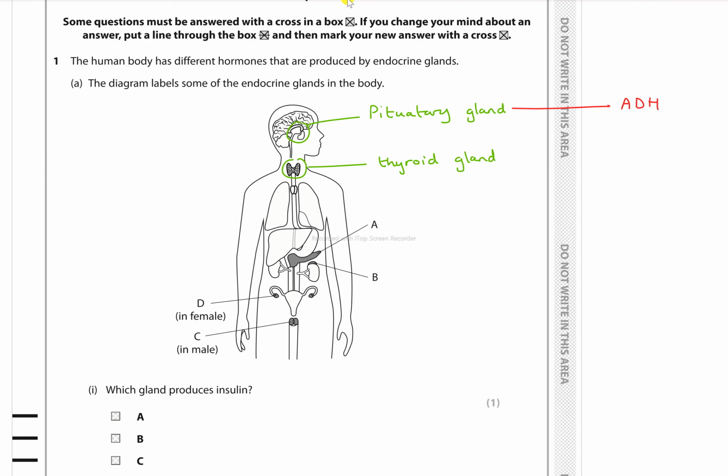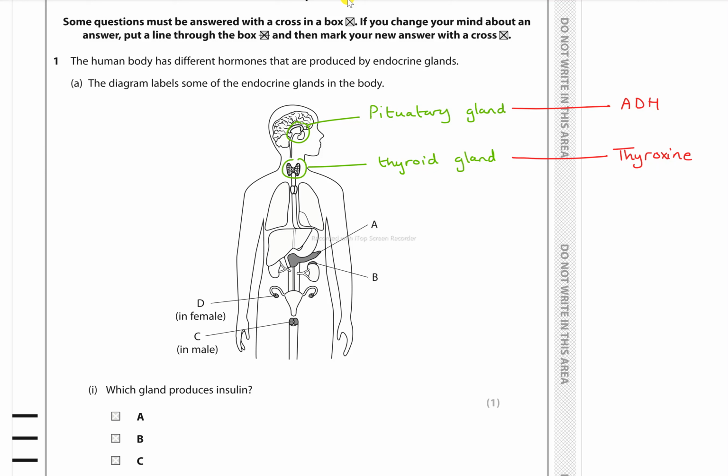I'm going to stop putting gland. It produces thyroxine. I hope I've spelled that right. Let's have a look. Yes, it does have an E.